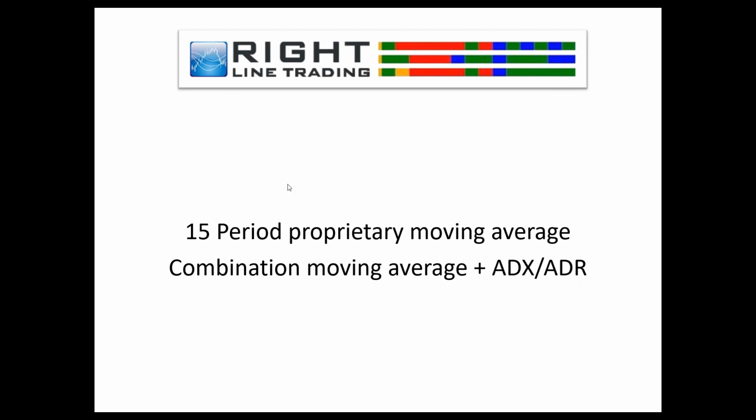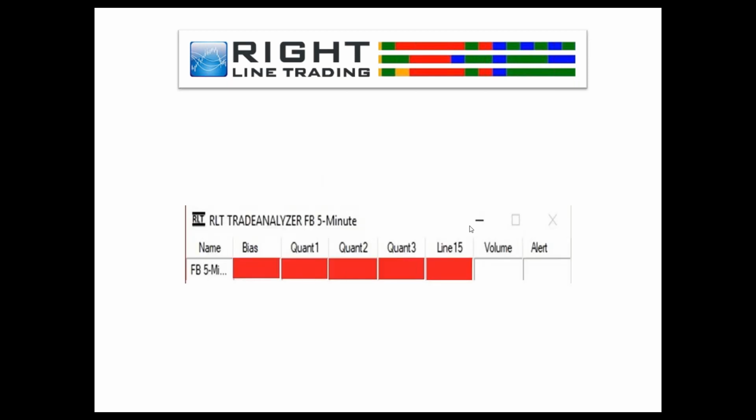And you want to trade a bumpy market so you can get the big moves. Now, this 15-period proprietary is tracked on line 15. And when it's red or green, it tells you that there's excellent volatility present, and it gives you the go-ahead to trade.